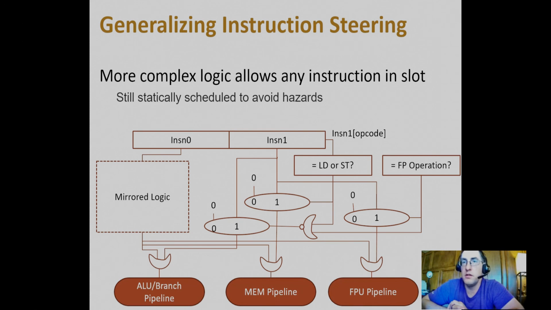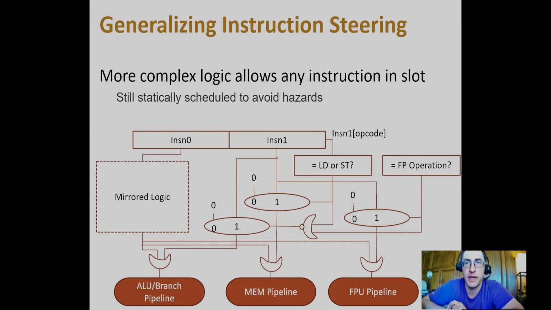If we further duplicate this logic and we extend it to check the opcodes for loads and stores and the opcodes for floating point operations, then we can allow either slot to have any of the instruction types, and we can steer any instruction in any slot to the right pipeline, as long as the compiler doesn't allow multiple instructions of the same type in the issue packet.